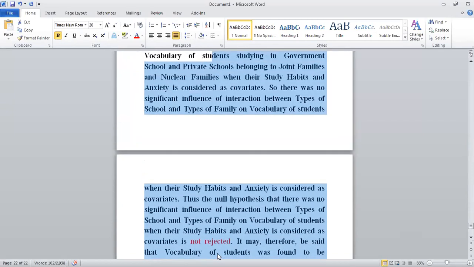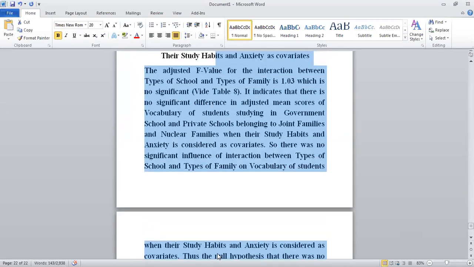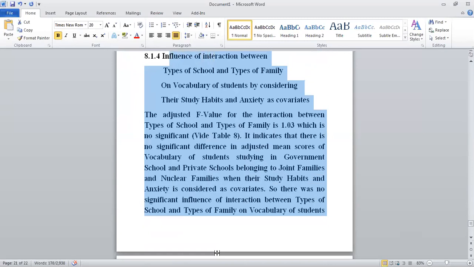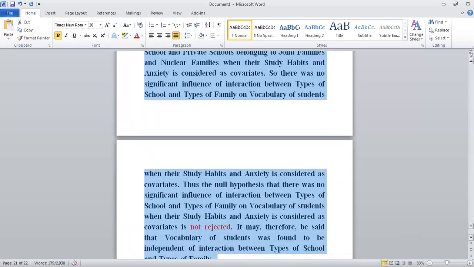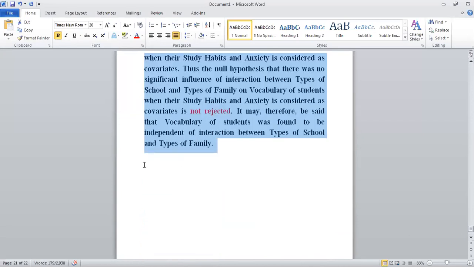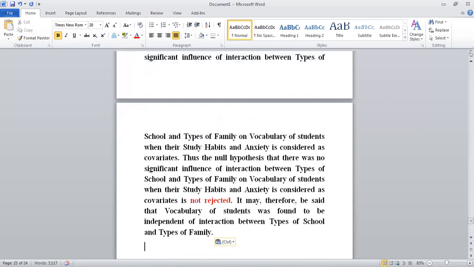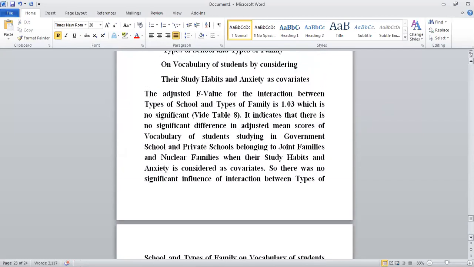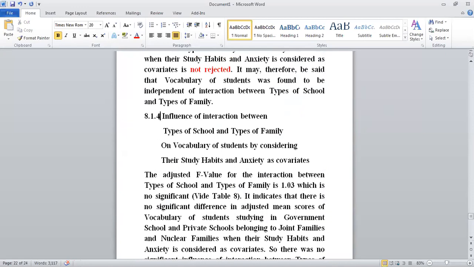If you want me to do it, let me just copy and paste. So I'm copying and pasting. So this will be now 5. So I have done the types of school. Now I can do gender. So I'm replacing.